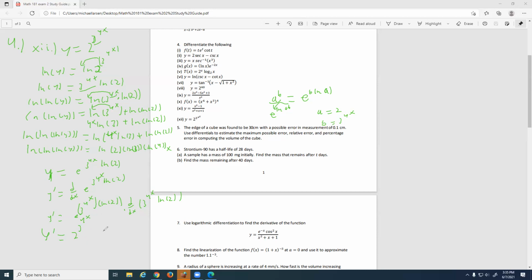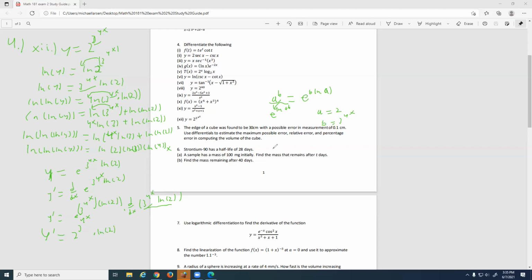All right, and then from there, we'll have d by dx of this thing. But this natural log of 2 is just a constant, so I'll bring that to the outside, times natural log of 2. And then d by dx of this. But this, we can do the same thing. We can use the same rule where a to the b is equal to e to the b natural log of a.